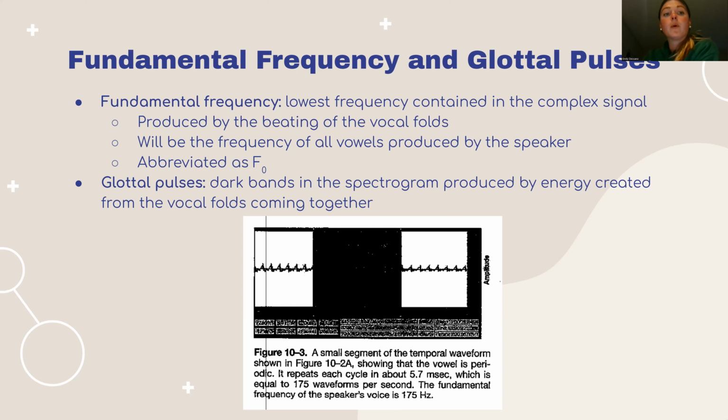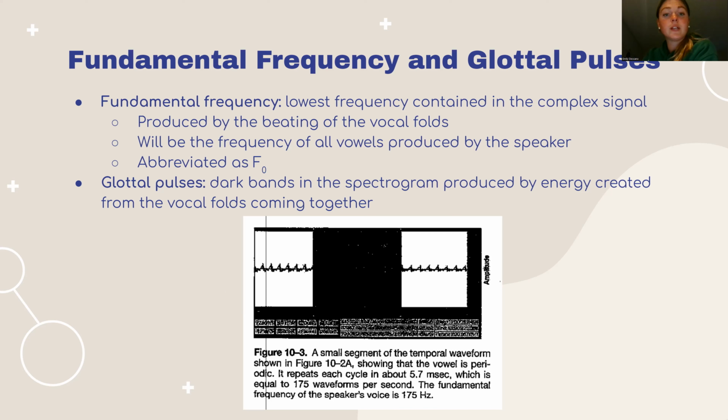And another important thing to note is that the fundamental frequency will be the frequency that all of the vowels of that speaker have. So for one person's voice, all of their vowels will have the same fundamental frequency. And it's abbreviated as F sub zero. So sometimes you'll see that denoted somewhere. F sub 0 is the fundamental frequency, the lowest frequency component of the signal.